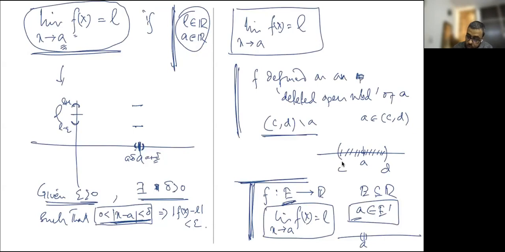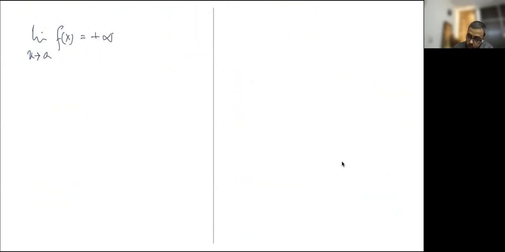So let's call this number 1, 2. So when I'm using A, B, C, D, those are reals, because these additional points, they have their own notation, plus infinity, minus infinity.